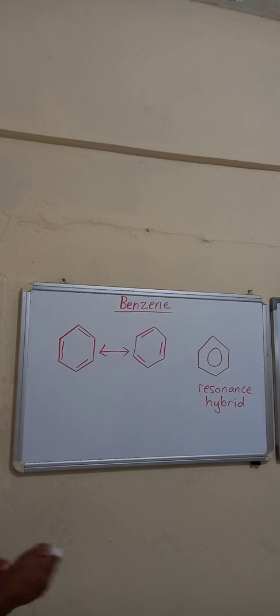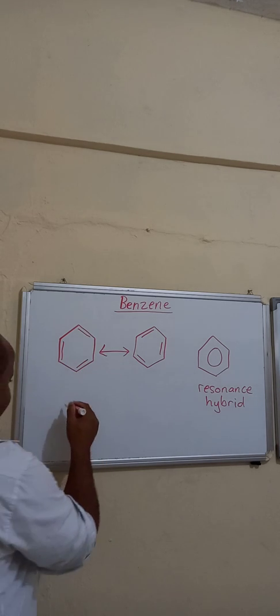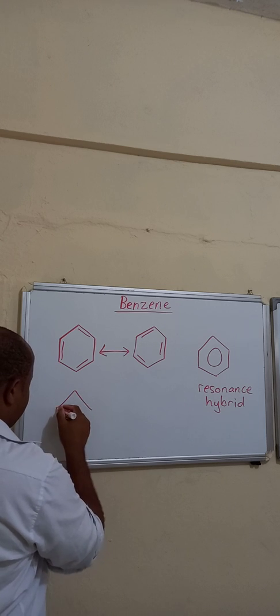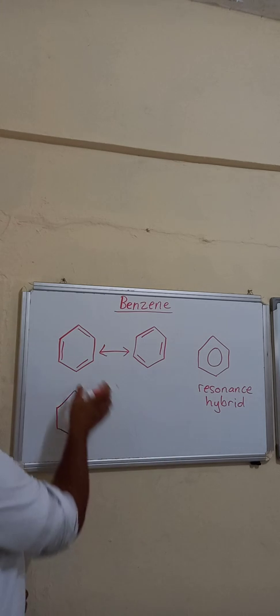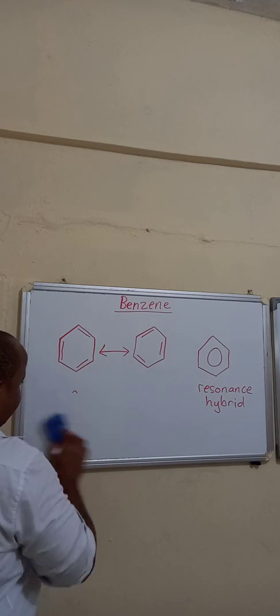So what will happen now in terms of the reaction when benzene reacts? You have to remember that a hydrogen is here. Remember we said when benzene is like this, it is stable.